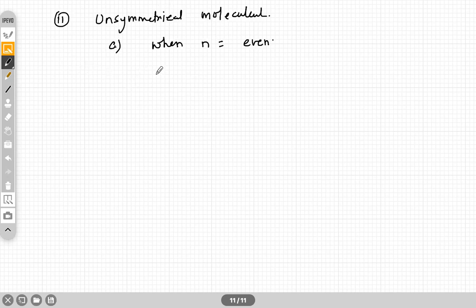So the number of optically active forms A is equal to 2 to the power n minus 1. This is what you need to memorize, n minus 1. And M is equal to 2 to the power n by 2 minus 1, if n is even.